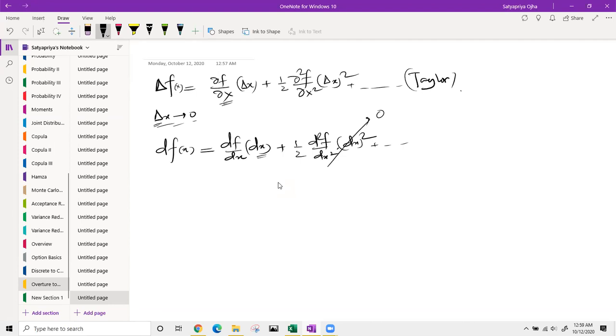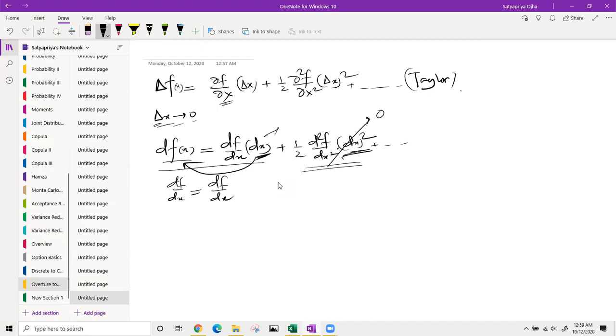So this term always gets ignored. If you make delta x sufficiently small, you do not have to worry about this term because dx squared would be very, very small compared to the first term. So the first term will dominate and the second will be insignificant. That is why we always ignore it in ordinary calculus, and you see this matches: df by dx equals df by dx.